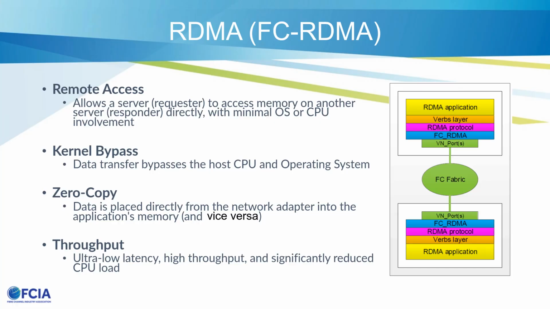It also allows us a method for being able to take information that is coming off of the wire or from memory onto the wire without having to copy it into a holding buffer, if you will, for that transfer. This provides us with ultra low latency, very high throughput, and no load on the CPU.